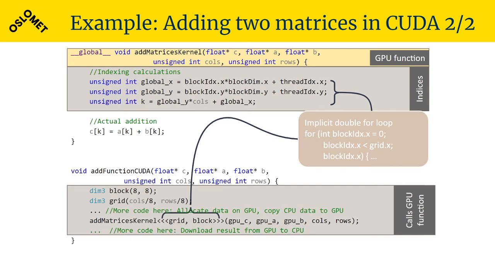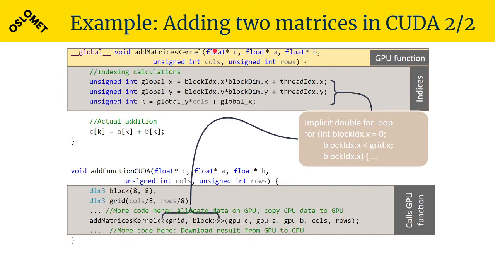And that looks like this. We do have a matrices kernel up here. It's called a kernel, and a kernel just means a function which runs on the GPU. The way I know it runs on the GPU is because of this special word here, global. By having this global here, I'm telling the CUDA compiler that this function is going to be running on the GPU.